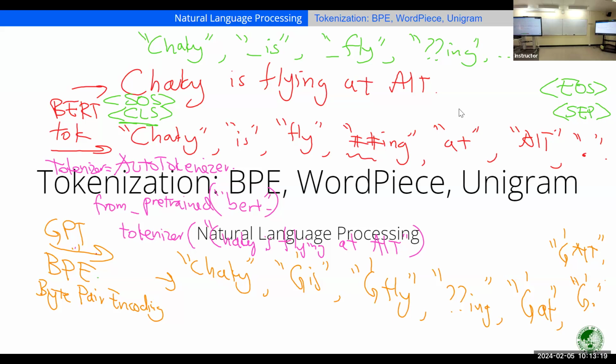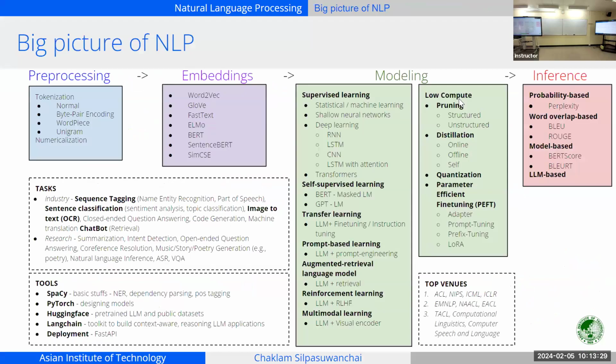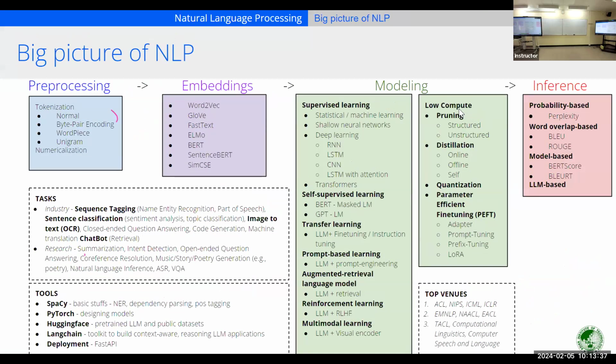So now, by the way, for those Zoomers, you missed the beginning, don't worry, you did not miss anything, because it was just a preview. So now, where are we? We come back here, right? And you may ask why we start to talk about tokenization now?